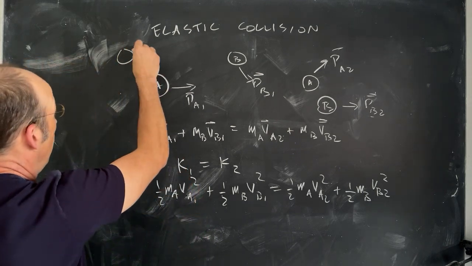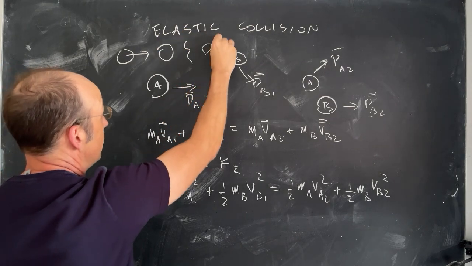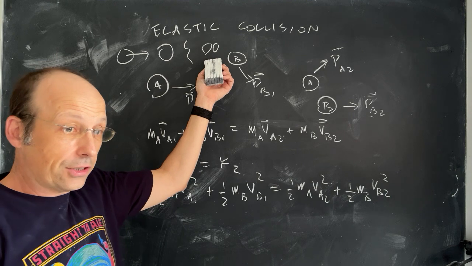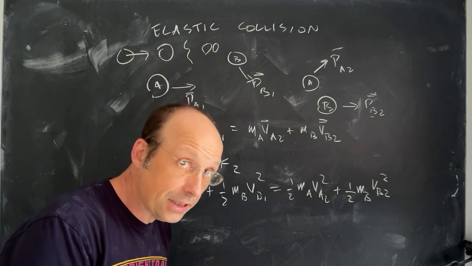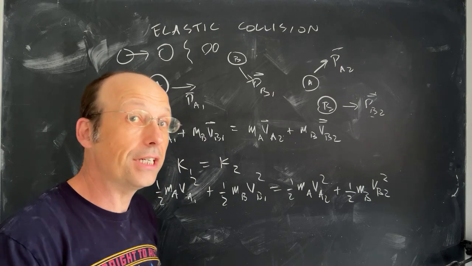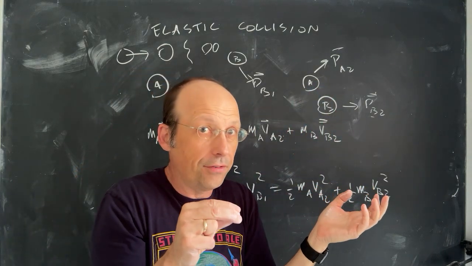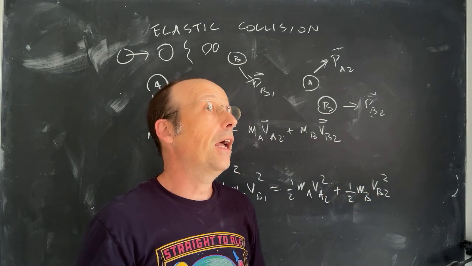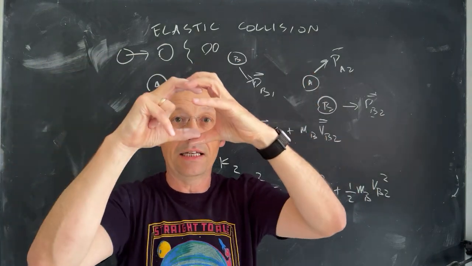So imagine I have an object that is moving and it collides and then they stick together. So kinetic energy is not conserved. The kinetic energy here would be more than right there. But energy is conserved. So where did the energy go? If I have a closed system and there's no work done on the system, then the energy had to go somewhere. It's hard to quantify exactly where, but imagine 2 objects colliding together.